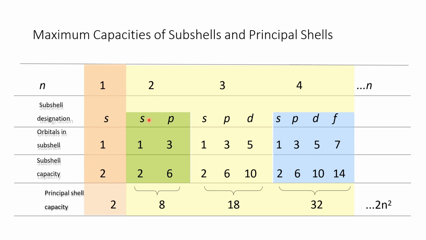P has 6 electrons, D has 10 electrons, and F has 14 electrons.